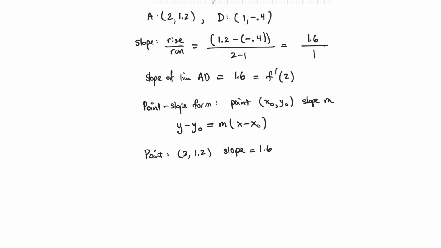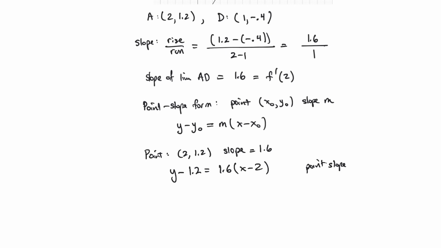That tells me that an equation for that tangent line, the one that goes through A and D, is y minus the y-coordinate equals the slope times x minus the x-coordinate. And if we leave it like this, then this is still in point-slope form.